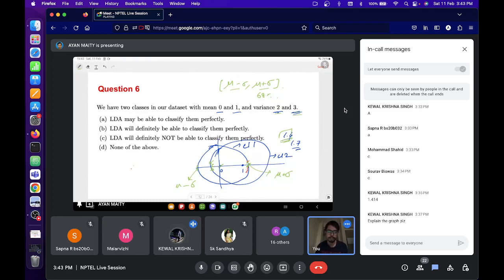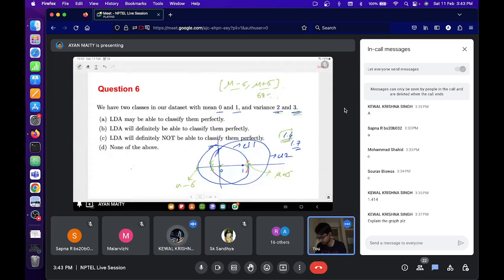Understood: the standard deviation is 1.4, which means some points are situated at greater than 1.4, so that comes under the range of class 2 only. Even if it is not Gaussian, from the standard deviation we can say that the two classes are overlapping, because the distance between the two means is 1 only. If the standard deviation is 1.4, it is crossing the distance between the two classes, so they have to overlap.